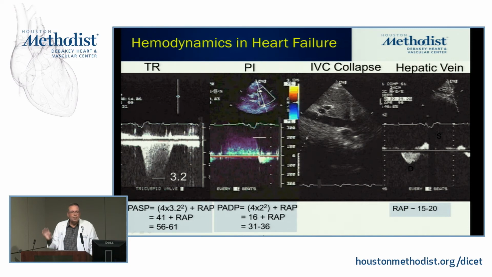a PA diastolic of 31 to 36. This is one area that I'm in a little bit of disagreement with the most recent ASE recommendations, because they are proposing a number. And I don't think that we're always that good to give a number. I mean, half of the time, I feel comfortable using 5 or using 10, maybe 2/3 of the time.